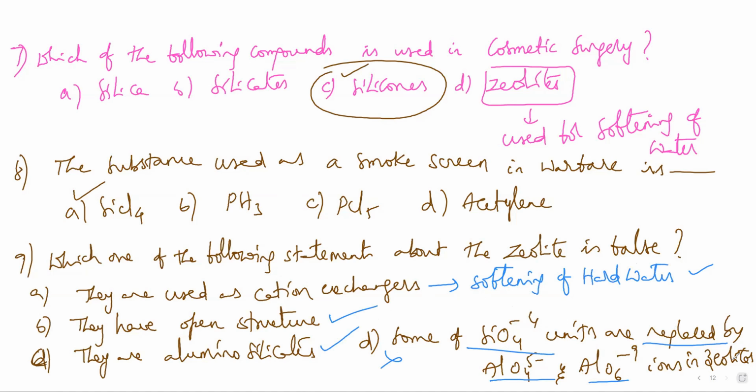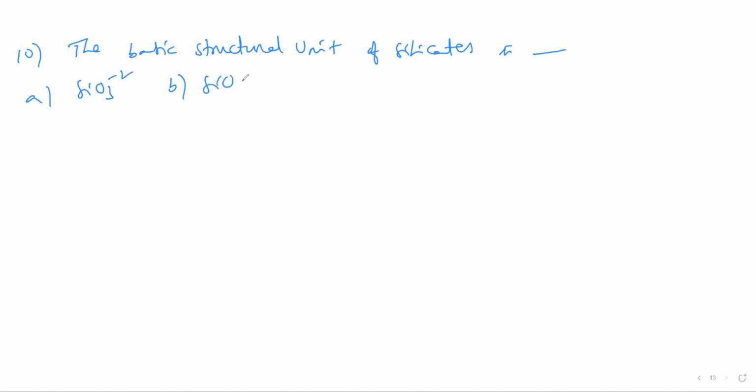Next, the basic structural unit of silicates is: A, SiO3 2-; B, SiO4 2-; C, SiO4 4-; D, SiO8 4-.